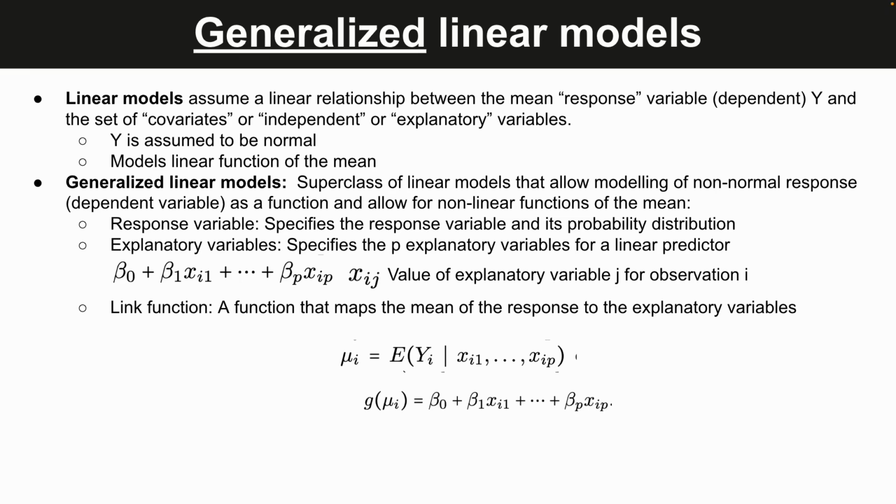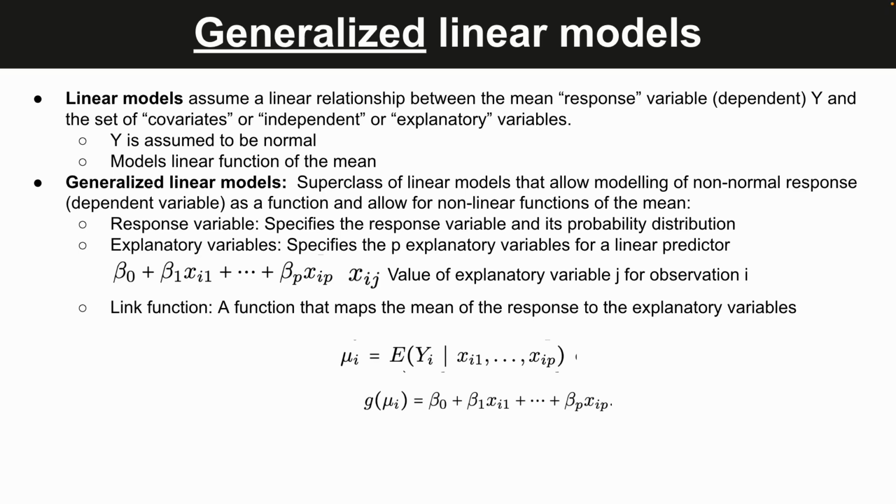And then we have an interesting thing, which is actually what makes the innovation happen. The innovation here is, rather than just modeling the mean of y, which is what we have been doing in linear regression, we say that a function of the mean itself follows a linear model.